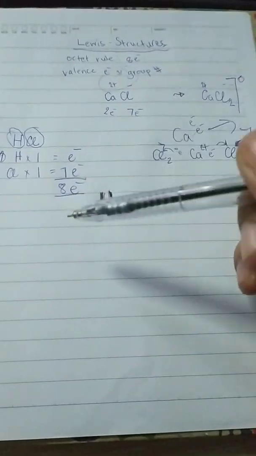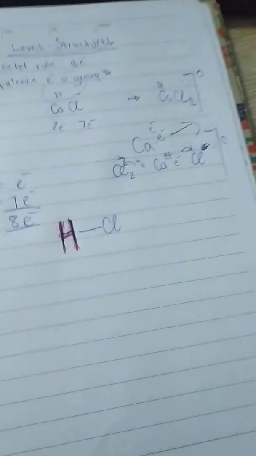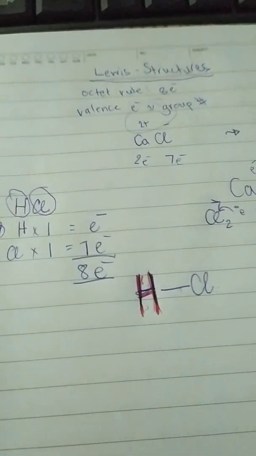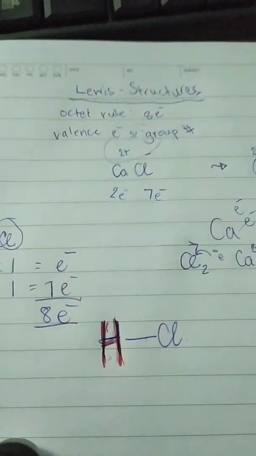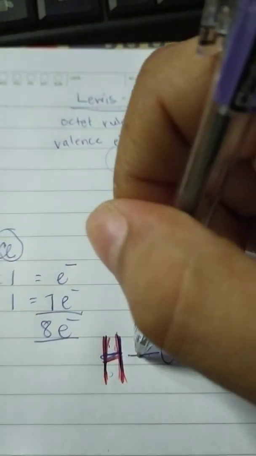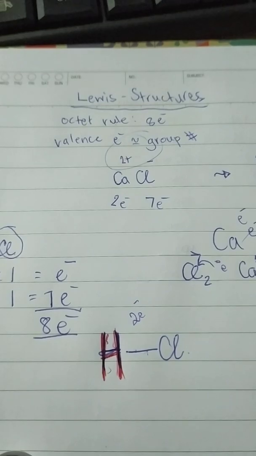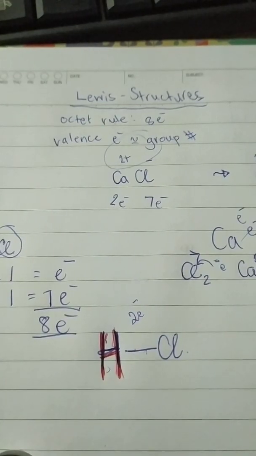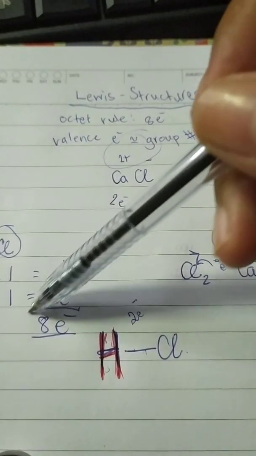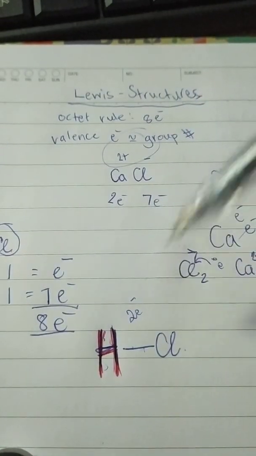Okay, now I need to fill 8 electrons. The first thing I do is I make a single bond between every one of the elements. That's the first thing that I do. I give everybody a single bond. Now I know for each of the single bonds, that is representative of 2 electrons. So I need 8 valence electrons, and I have 2 valence electrons.